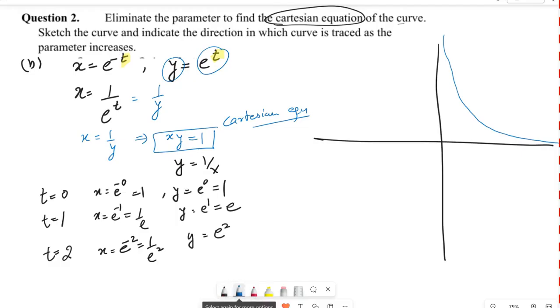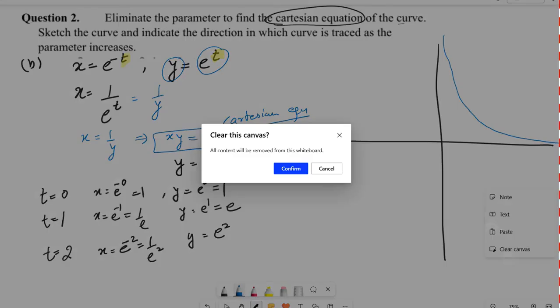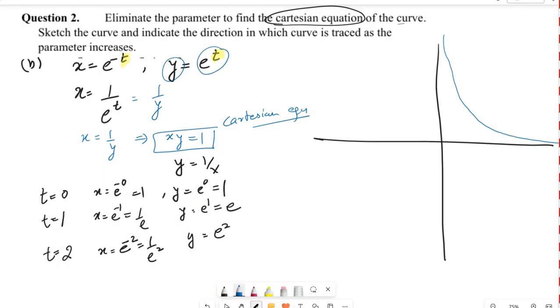So let's try. At t equal to 0, we have the point 1, 1. Somewhere here is the point where t equals 0. When t is 1, the point coordinates are 1 by e and e. 1 by e would be less than 1, right?